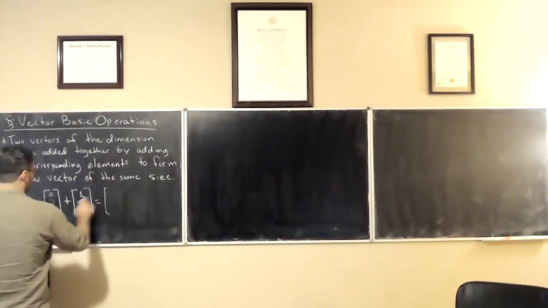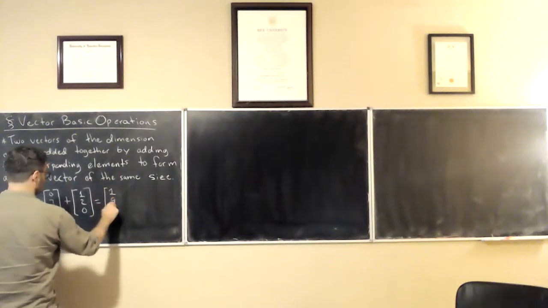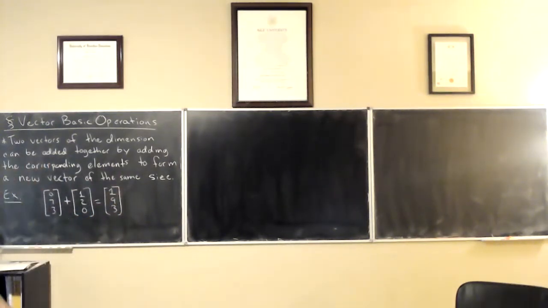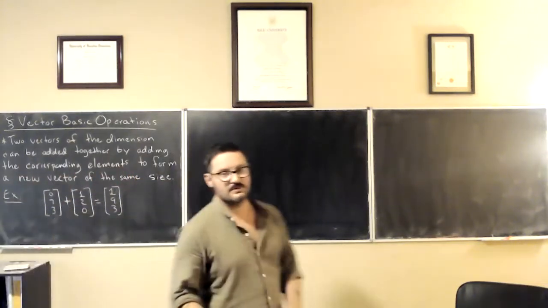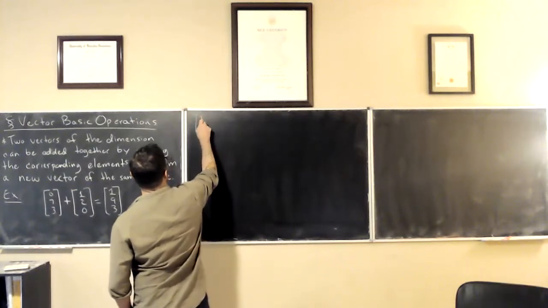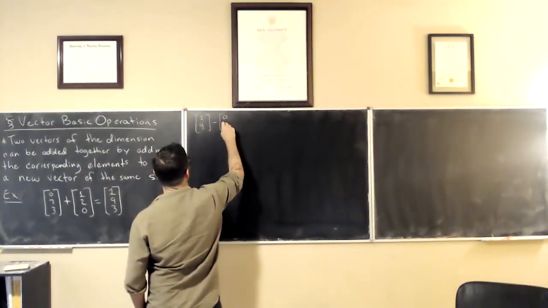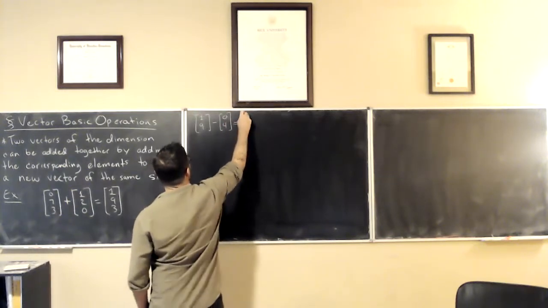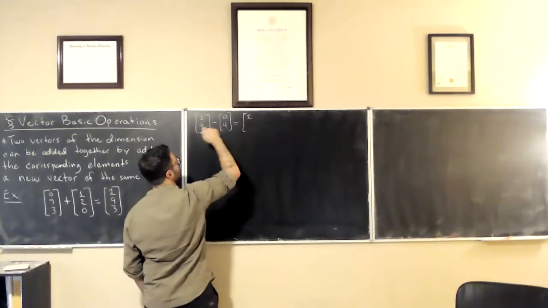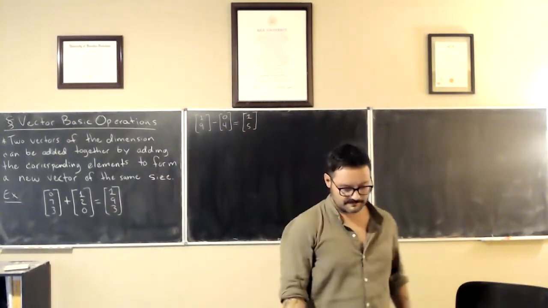So 0 plus 1, 7 plus 2, and then 3 plus 0. Now, subtraction can be done in the same manner. So, for example, you have 1, 9 minus 0, 4. This is just going to be 1 minus 0, 1, and 9 minus 4 is 5.